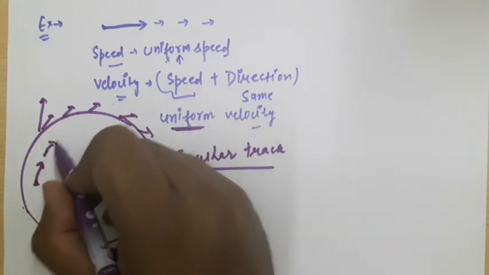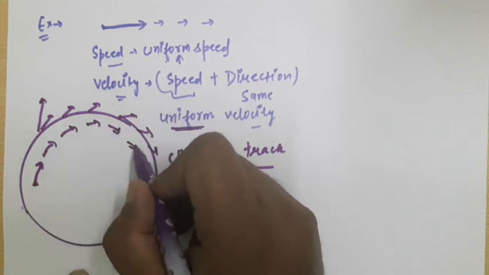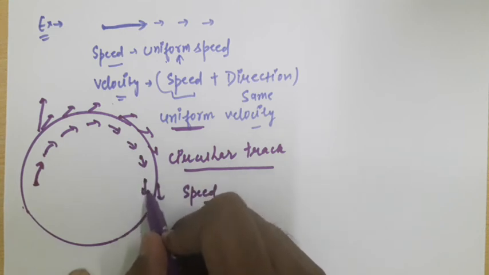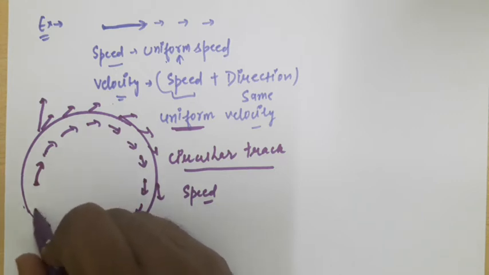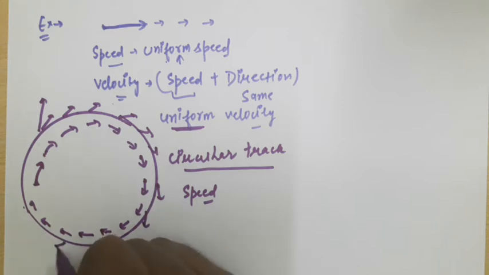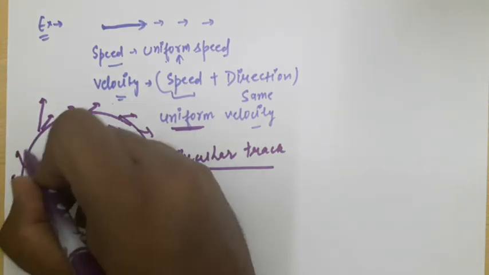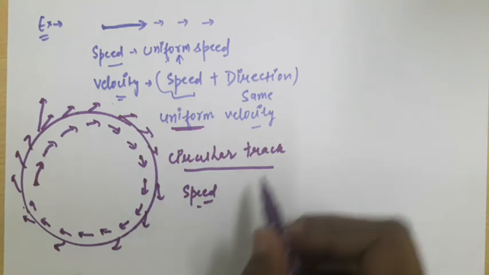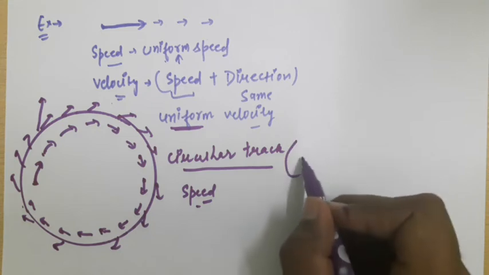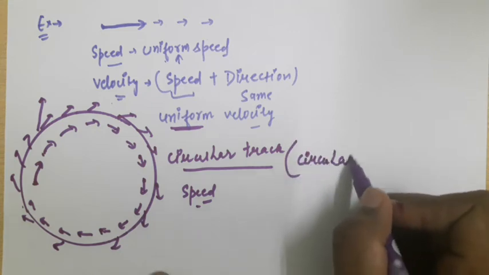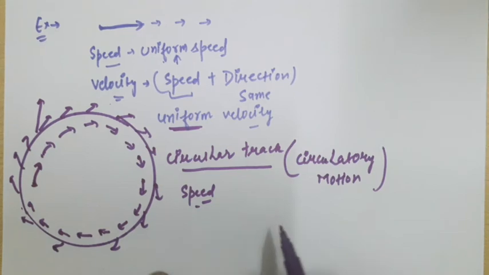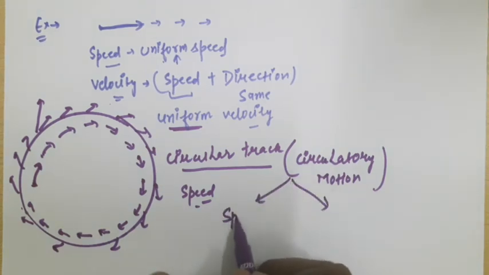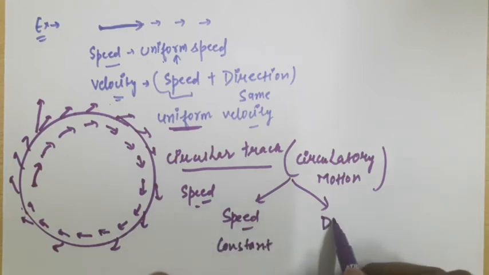Yes, we see that at every point he has to change direction. Instead of every point, in physics language we can say at every instant he has to change his direction, right? So in the circulatory motion, just like in this example we have taken, we can say that in uniform circulatory motion the speed is constant, means speed is uniform, but direction is changing.